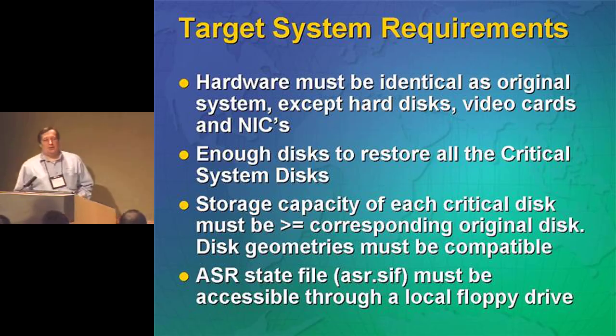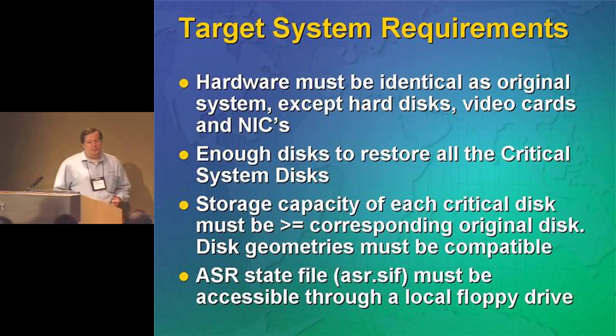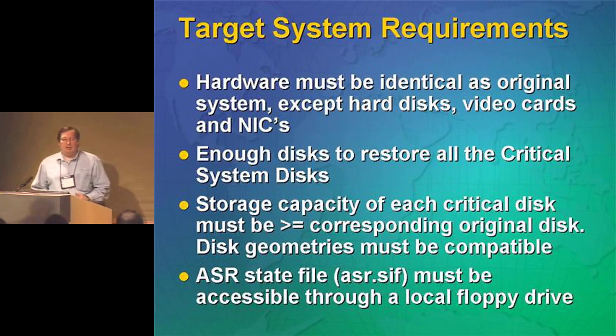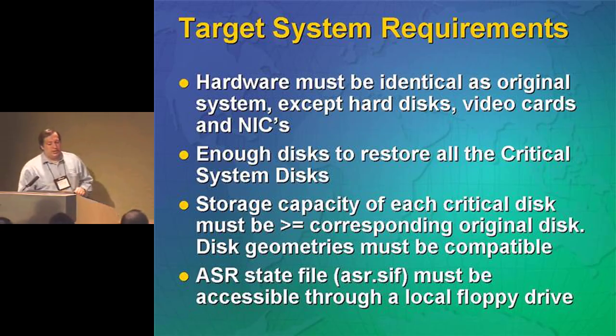There are some things that catch us. We have trouble going from IDE drives to SCSI drives and vice versa. We have trouble if you have a single processor and you change it to a dual processor. The issues there are the processors. We're putting back all of the same drivers, and we have trouble sometimes with how you may end up with a single processor, the other one idling.